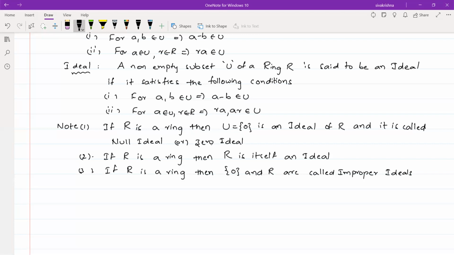Okay, so other ideals are called proper ideals. So every ring is having two ideals. One is the single term set 0 and the other one is the full set capital R. And we call these two ideals improper ideals. And if any other ideals exist other than these two, we call those ideals proper ideals. Thank you.